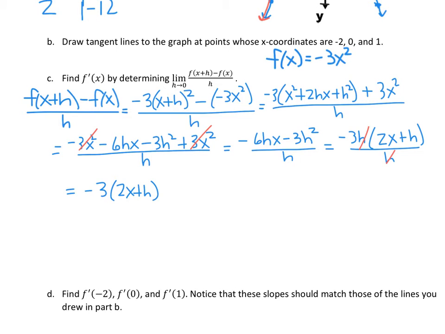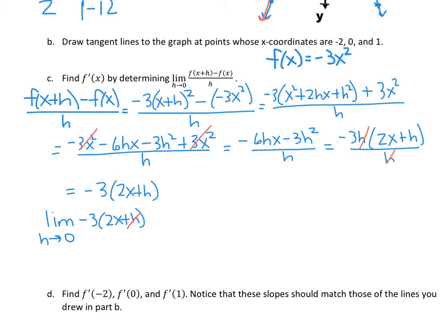Next, in order to find the derivative, we have to take the limit. So now we're taking the limit as h approaches 0 of negative 3 times 2x plus h. Now in taking this limit, what we need to think of is what happens as h approaches 0. As h gets really, really small, approaching 0, well, that's kind of going to go away.